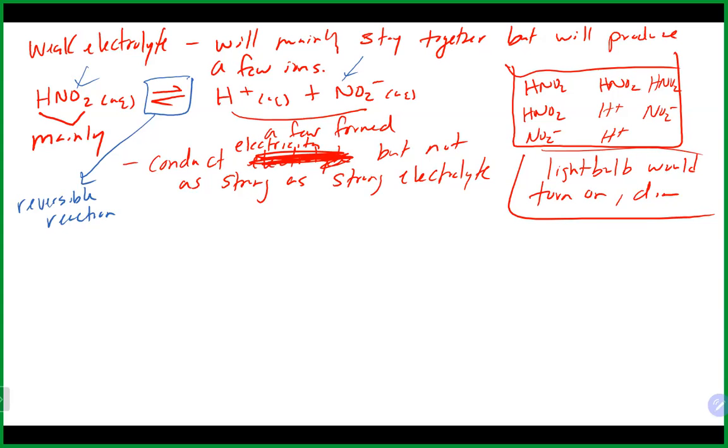The last sort of electrolyte, I guess, is what is referred to as a non-electrolyte. A non-electrolyte is actually something that will dissolve, but no ions are produced.